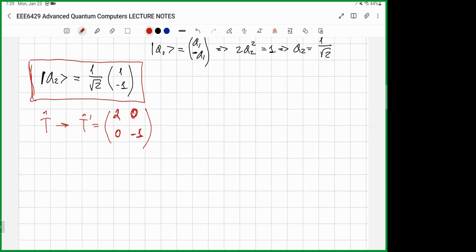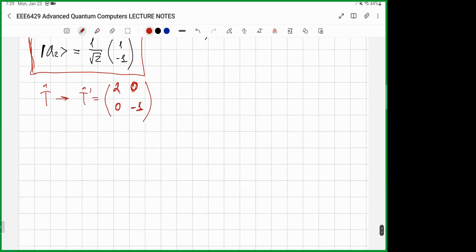As an example, let's consider a very important matrix for the following.